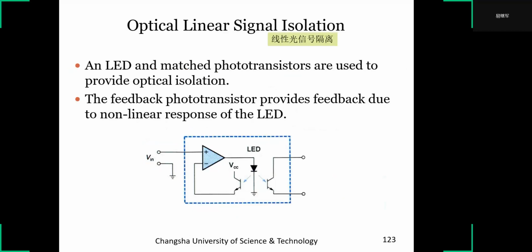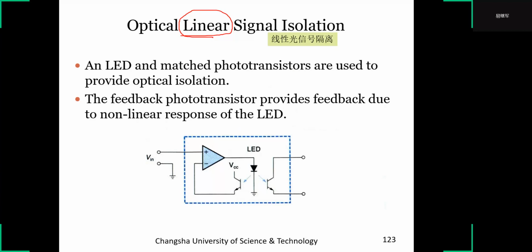Optical linear signal isolation. The isolation we use is affected by temperature or something else. The output signal is non-linear.